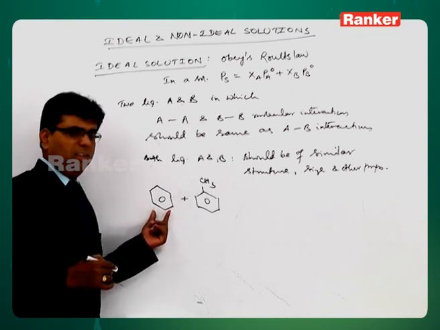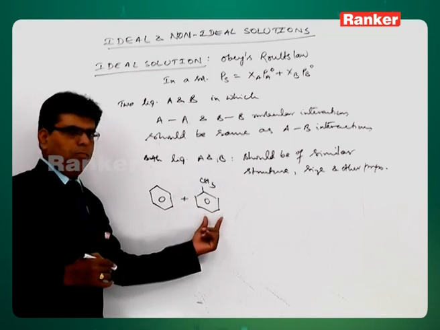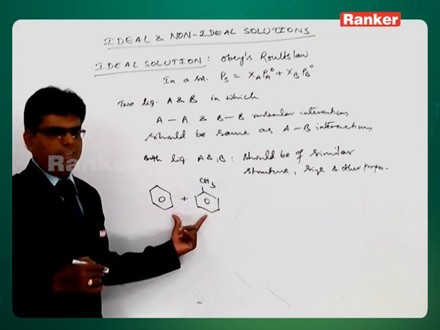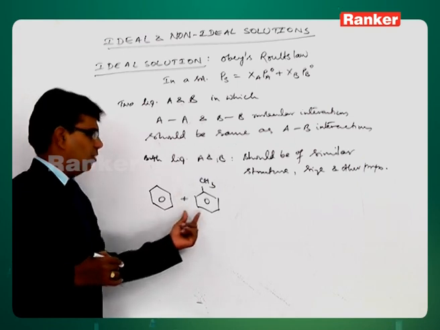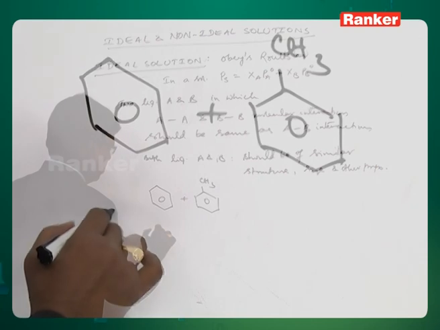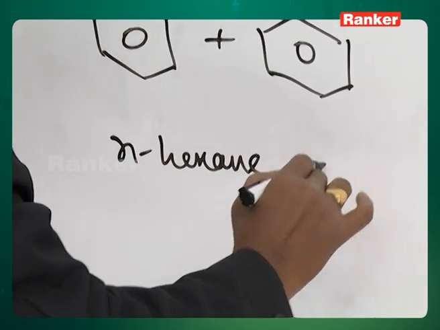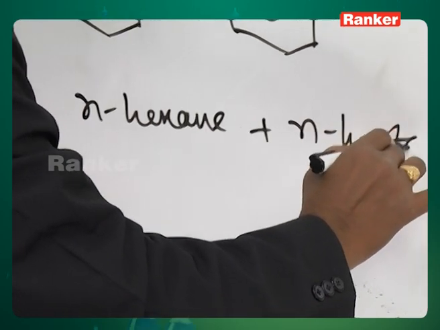As you know very well, the benzene and toluene properties are almost identical. Size, structure, everything is almost identical. Other examples: n-hexane and n-heptane.